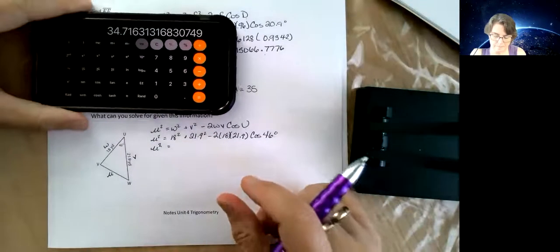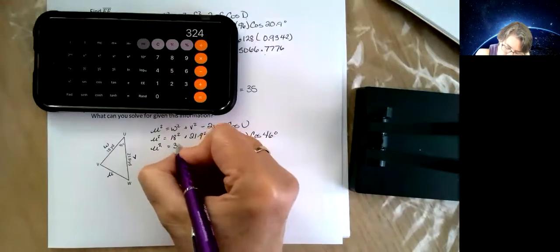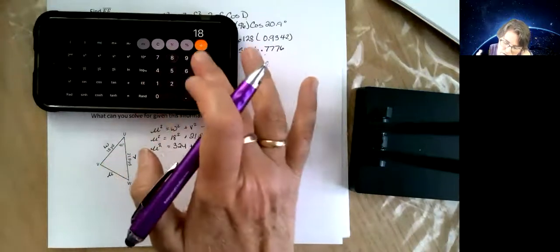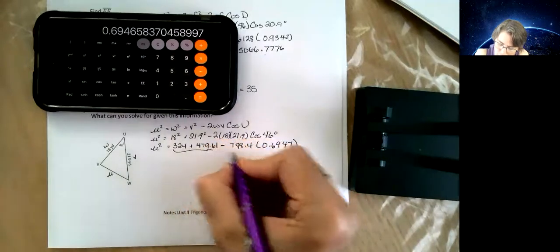There we go. 324 plus 21.9 squared, 479.61 minus 2 times 18 times 21.9, 788.4, and cosine 46 degrees, 0.6947.